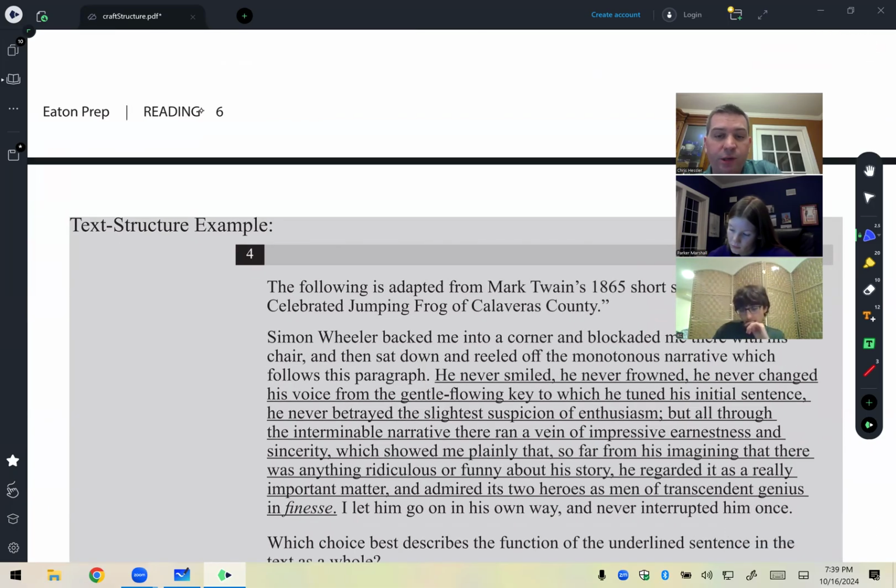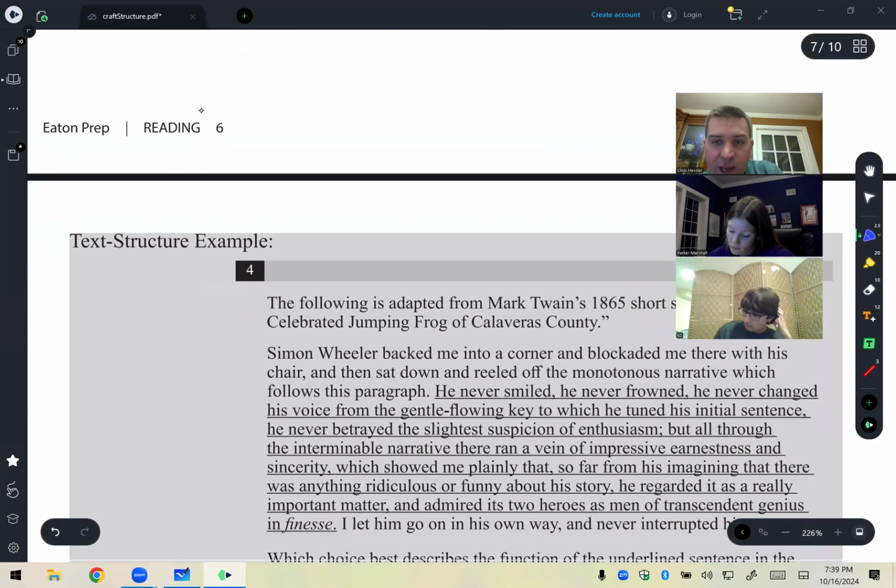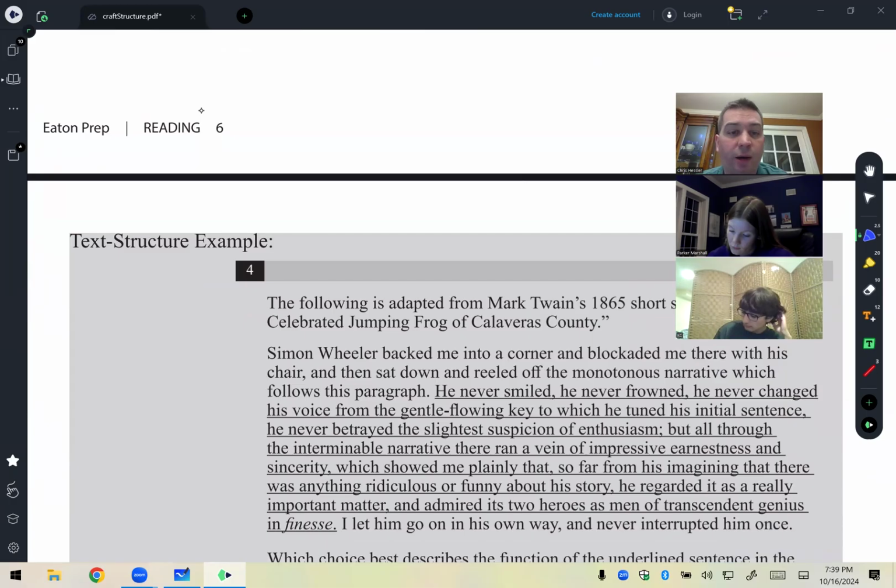What is its function? Simon Wheeler backed me into a corner and blockaded me there with his chair, and then sat down and reeled off the monotonous narrative which follows this paragraph. He never smiled. He never frowned. He never changed his voice from the gentle flowing key to which he tuned his initial sentence. He never betrayed the slightest suspicion of enthusiasm.